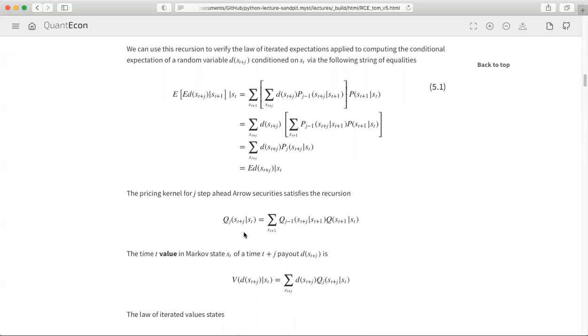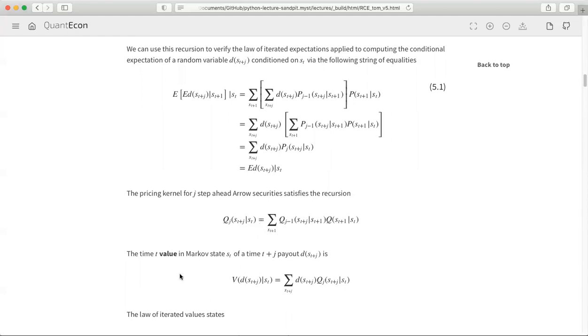What's the law of iterated values? Well, first thing we notice is the pricing kernel for j step ahead arrow securities satisfies this recursion. That's just saying q_j is equal to q_{j-1} times q. That's all this is saying, matrix multiplication.